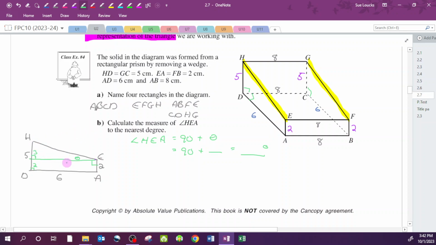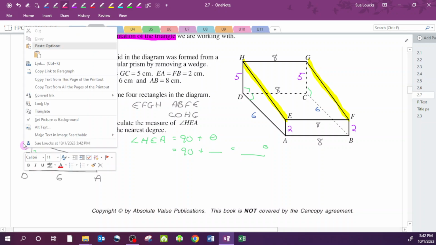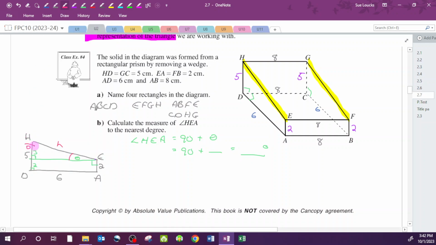Looking at theta, there's my angle of interest, my hypotenuse, my opposite, which is 3, and my adjacent, which is actually 6. So I'm looking at tan. Tan theta is opposite over adjacent, so tan theta is 3 over 6.